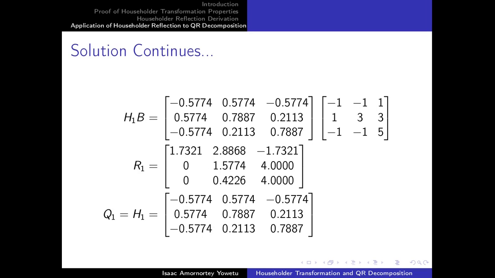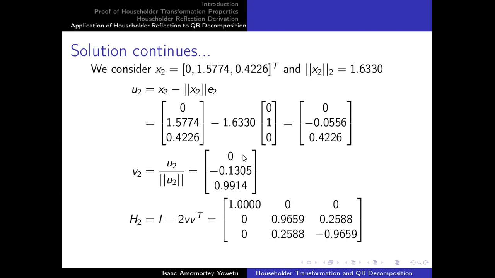So watch what we are going to do. Since we don't want to alter anything here, considering the whole of this column, we will assign 0 to this very element here, that's 2.8868, which we choose our x2 to be in terms of this.